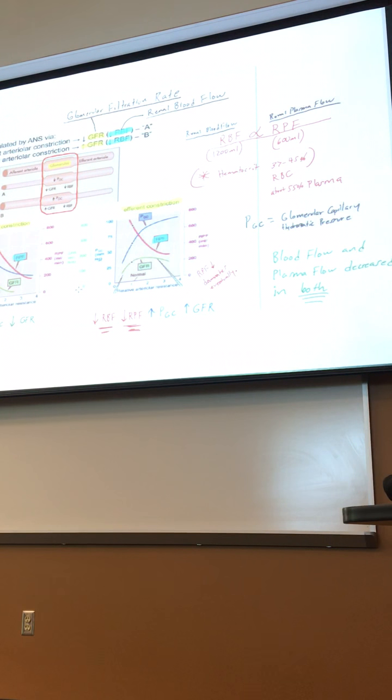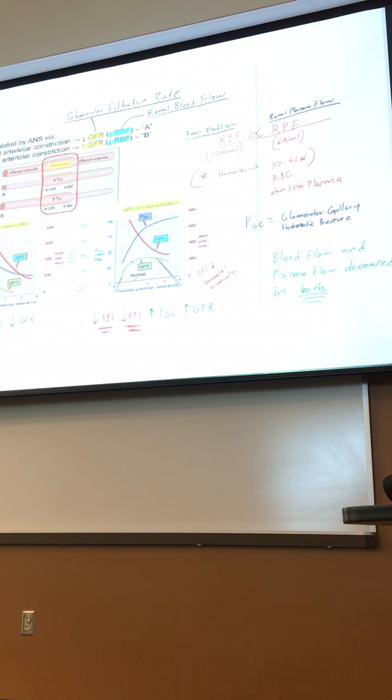If we have afferent vasoconstriction, just think about it like a highway. If I constrict the afferent, then a lot of these cars, aka solutes and ions, can't get into the glomerulus fast enough, right? So you naturally decrease your filtration rate. If I don't have anything to filtrate, my rate's gonna go down.